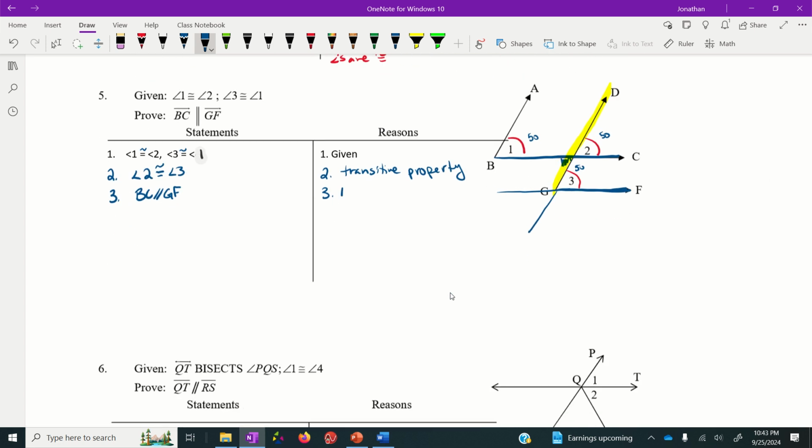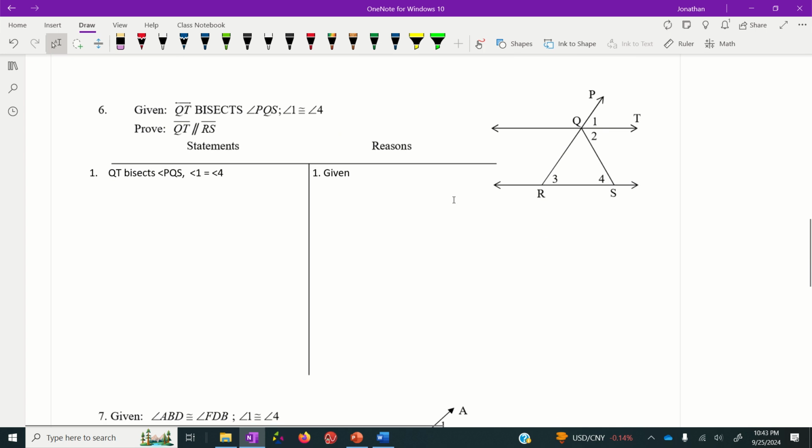So we're going to say, let's use our vocab words, when corresponding angles are congruent, then the lines cut by a transversal are parallel. And that's it. We're done with that one. Okay? All right, let's hop down to number 6 when you're done.